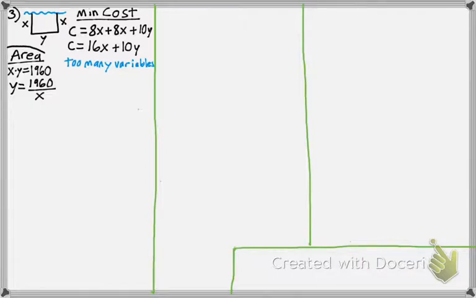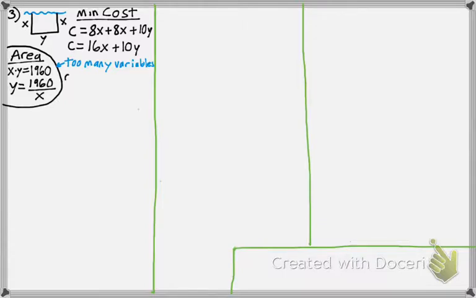And this is going to help me out with my too many variables. I can use this to substitute in for y in the C equation.